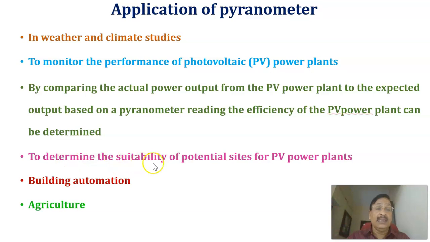To determine the suitability of potential sites for PV power plants, the solar radiation can be measured by a pyranometer. Pyranometers are also used in building automation and for agriculture. Therefore, there are different applications for solar radiation measurement instruments like the pyranometer.